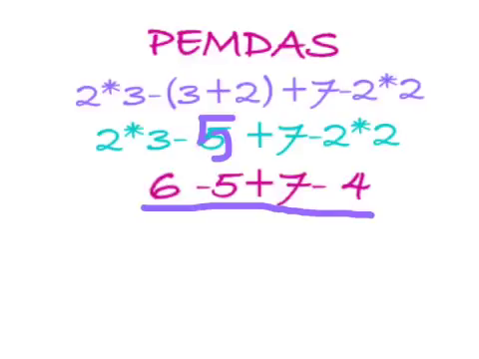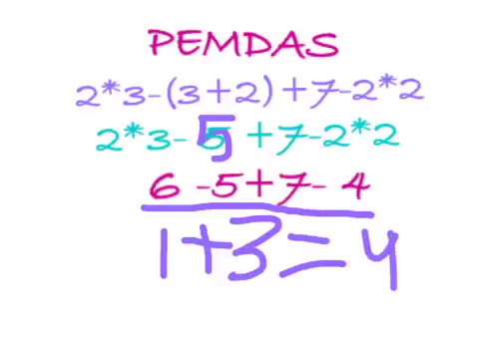So 6 minus 5 is 1. And 7 minus 4 would be 3. So you do 1 plus 3, and that equals 4. And that's the end of our equation.